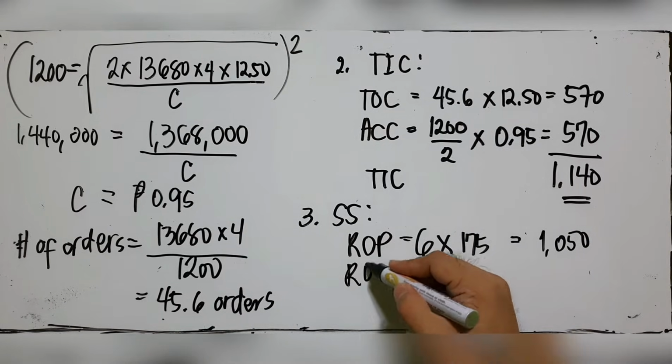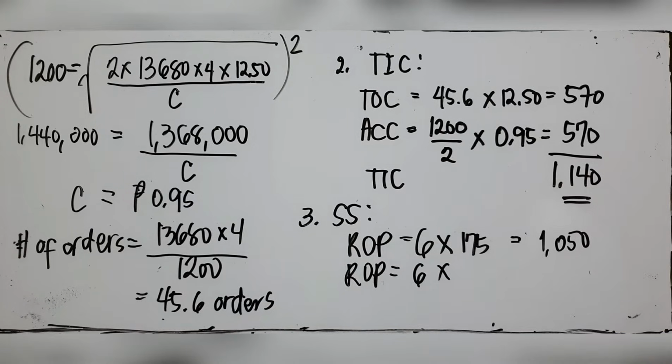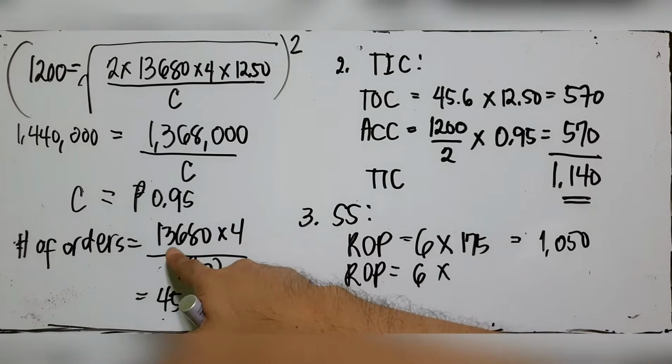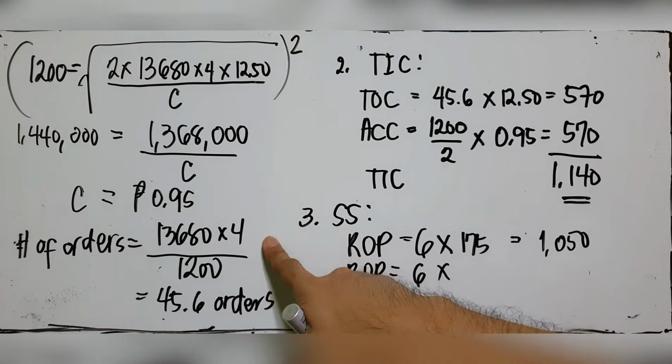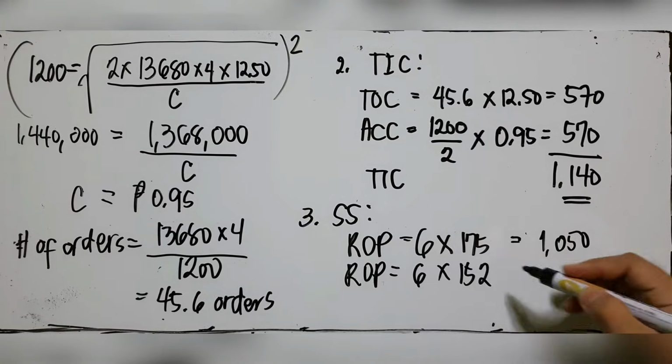Yung reorder point naman natin on the average daily usage, so that would be 6 times, ano yung average daily usage natin? That is your demand na 13,680 times 4 divided by 360 days. So the answer is 152.